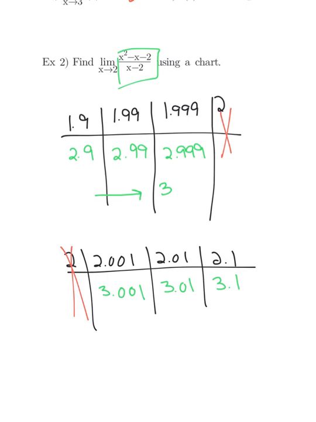So on this right side, these numbers are again getting closer and closer to 3. So what we can say here then is that the limit as x approaches 2 of the function x squared minus x minus 2 over x minus 2 equals 3.